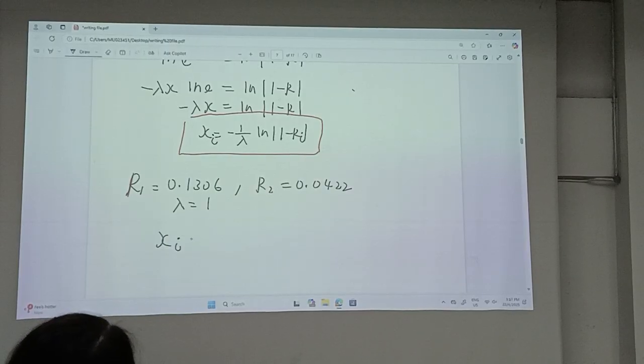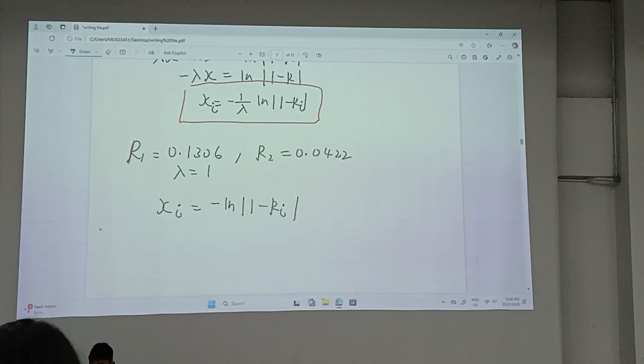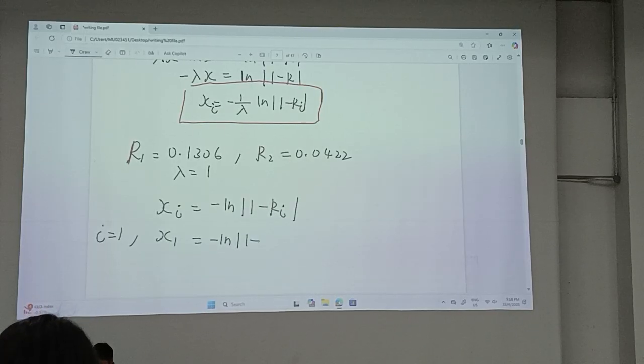When lambda equals 1, it will be negative 1 over 1, so it will be negative ln of 1 minus R. We start with the first random number, i equal to 1. Here will be S1 equals negative ln of 1 minus R1.